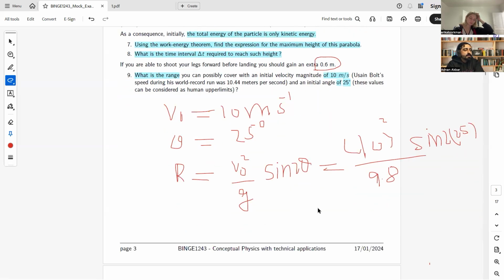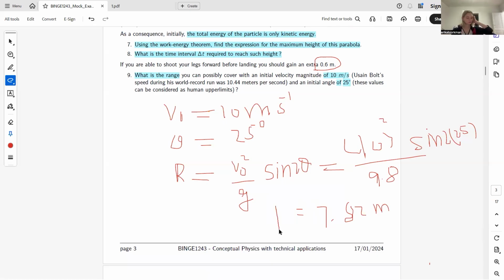I am writing the result directly instead of using the calculator. That is 7.82. As we are talking about the range, we need to write the unit, meter.